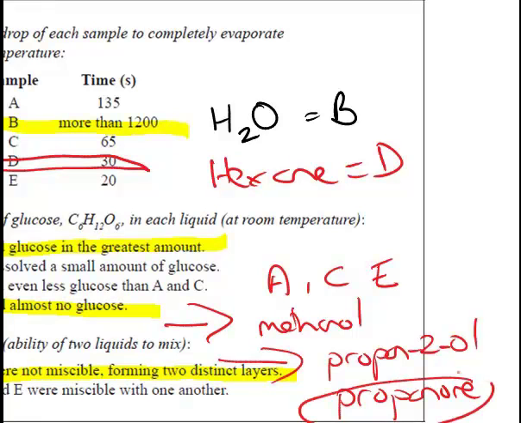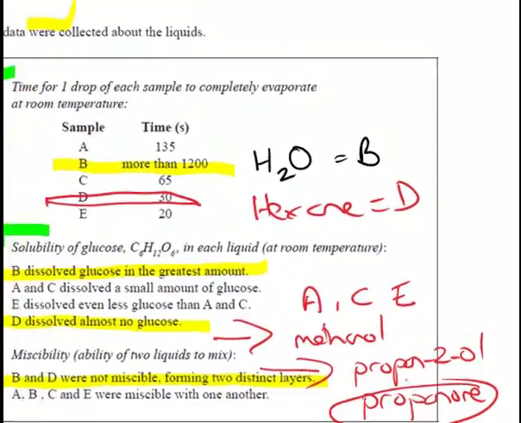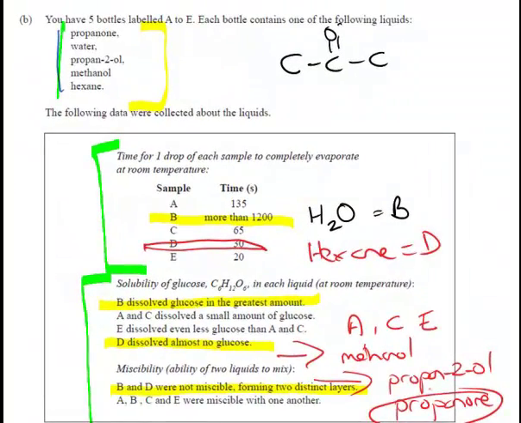Propanone doesn't have the ability to hydrogen bond with itself, so we'd expect that to have a lower boiling point, so we'd expect that to have the shortest time to evaporate, so that would be E. As well, when we look at this information, it does have some miscibility with water, it would mix somewhat, and we would expect it to dissolve less than methanol and 2-propanol.